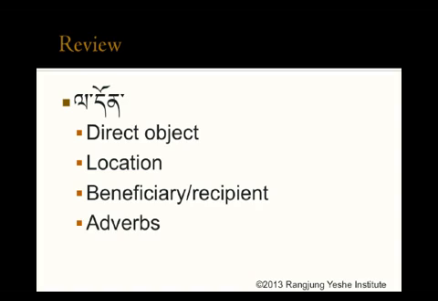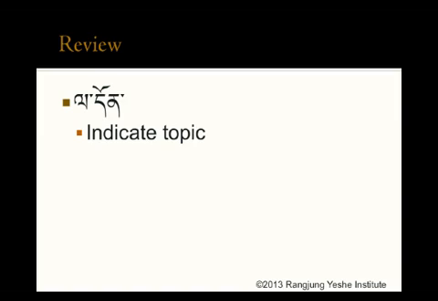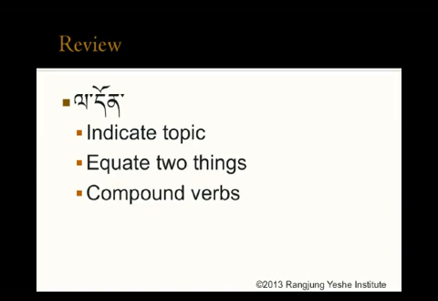The Ladun particles can also be used similarly to the emphatic particle ni to indicate the topic being discussed. They can also equate two things, they can be used to form compound verbs, and they can be used to form auxiliaries, which we'll cover in Lesson 7. Now let's take a look at a few examples of the various uses of the Ladun particles.